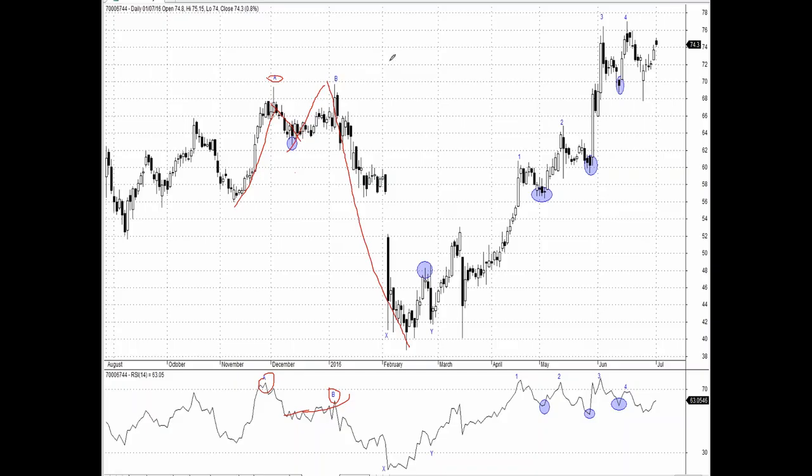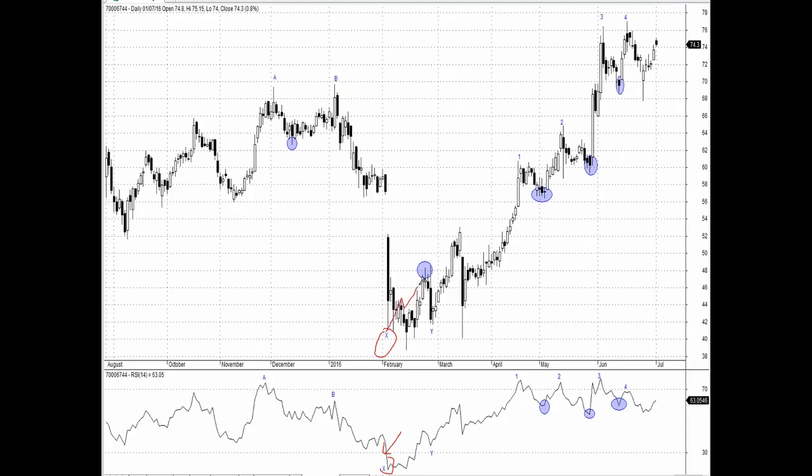That means here the momentum has got weak, and the price falls and goes to an oversold territory at X.